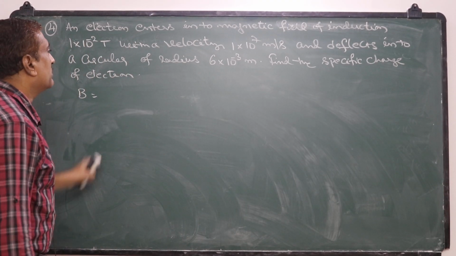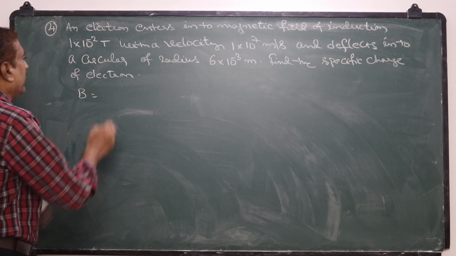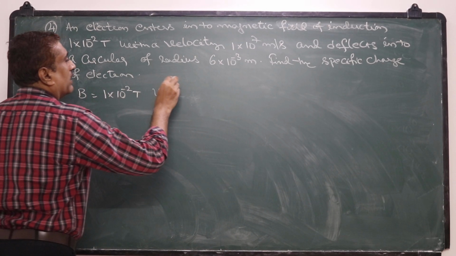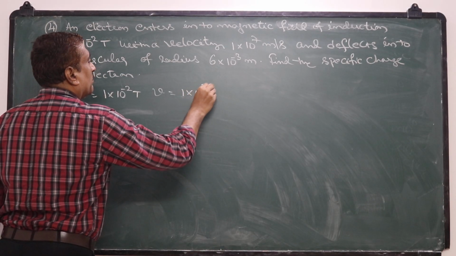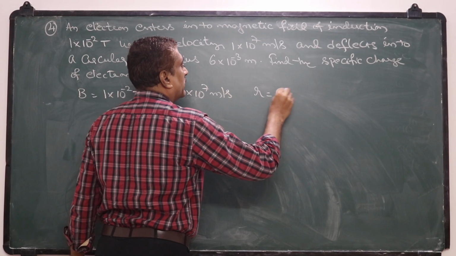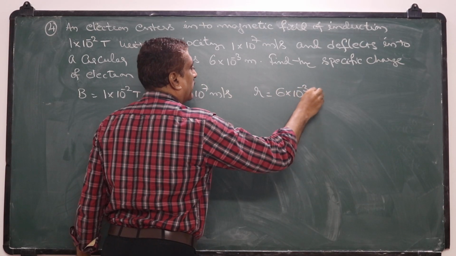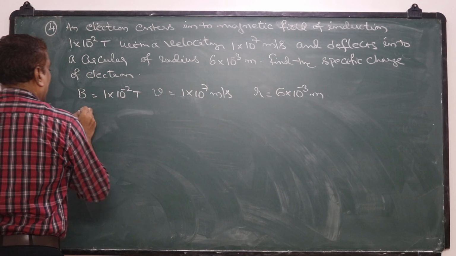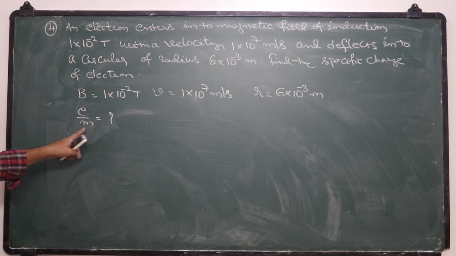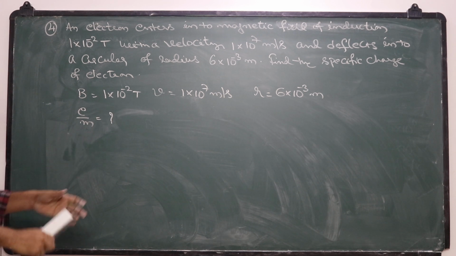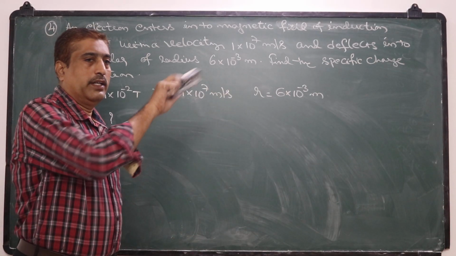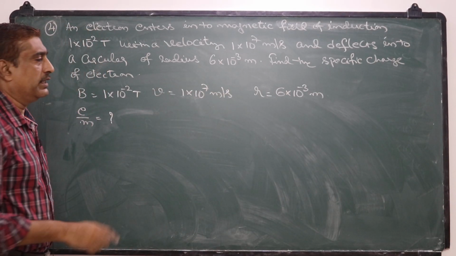So in this problem, the magnetic field is 1 into 10 power minus 2 Tesla, velocity of the electron is 1 into 10 power 7 meter per second, and the radius of the circular orbit is 6 into 10 power minus 3 meter. These three are given and you are asked to find the specific charge of electron, that is e by m of electron.